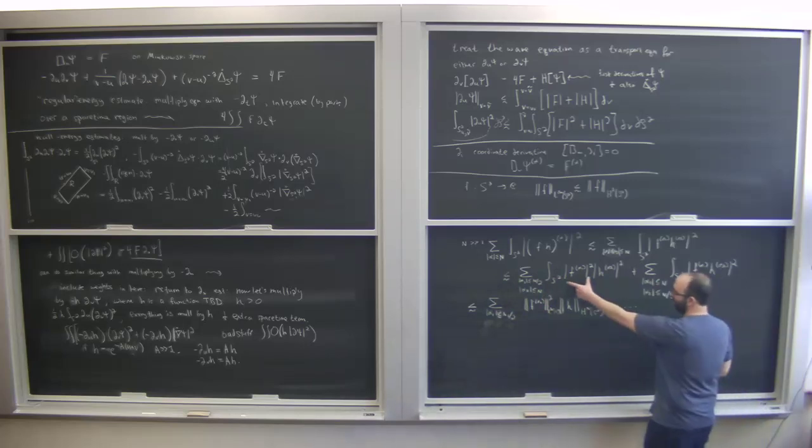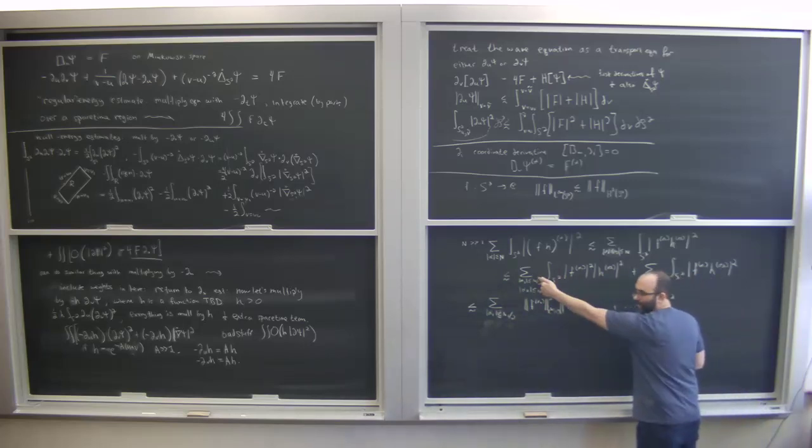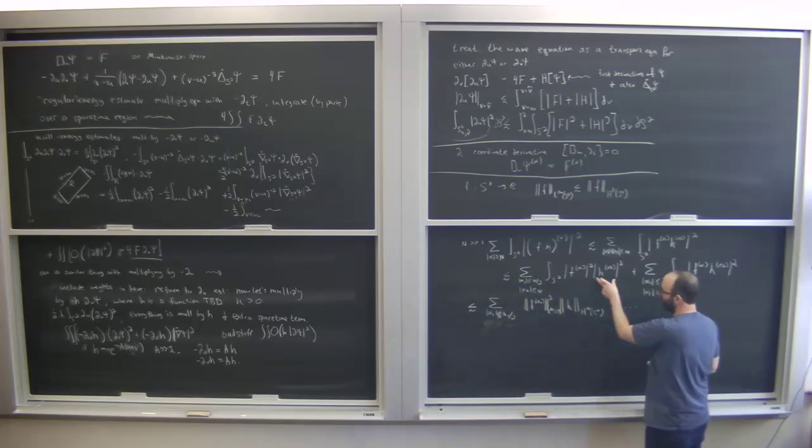So all I did: I have an integral of a product of two functions. I can pull out one pointwise norm. Then the remaining thing is now a regular L2 norm. It involves up to n derivatives, so I can do that.